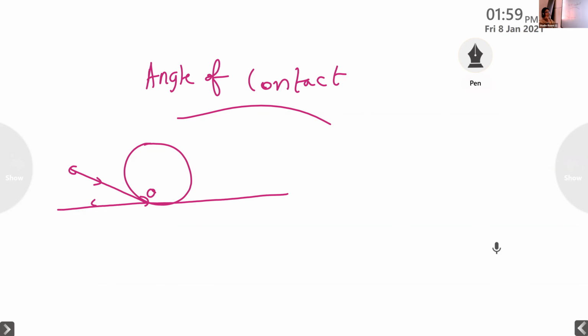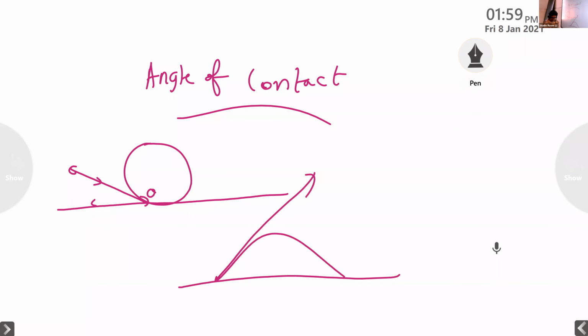So in that case, if you draw a tangent at that particular surface, and you draw a line like this, you will get the angle of contact. Similarly, just imagine a drop spreading on a surface, and suppose we take a tangent here.